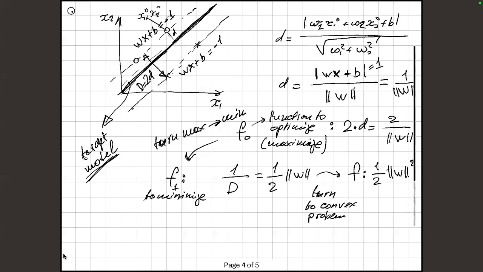In general form, we go back to this line. The constraints should be that all samples beyond this line should have the model being +1, so more than +1. Not only one, but more than one, we can allow that. And beyond the borderline on the other side, it should be less than -1.